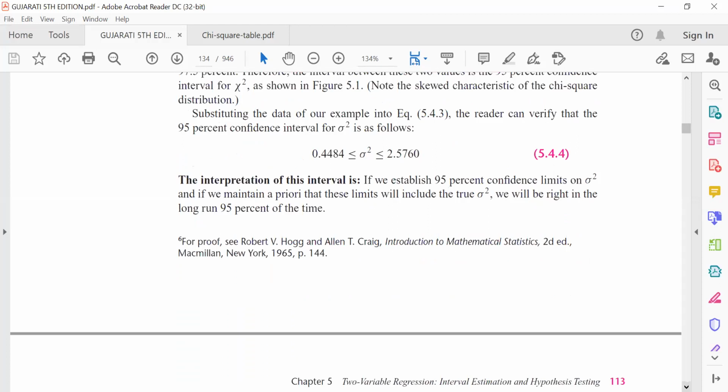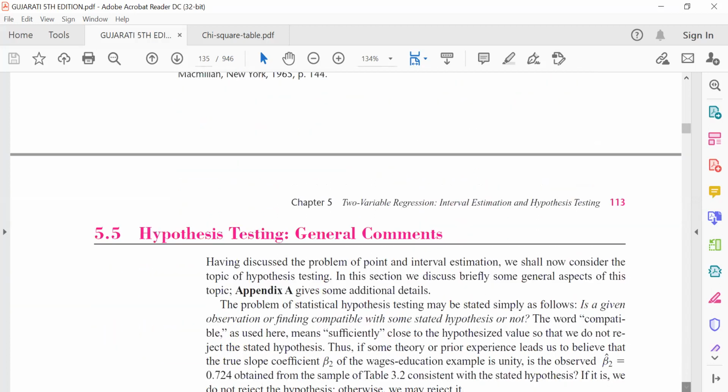Okay, what is the interpretation of the interval? If we establish 95% confidence limits on sigma square, and if we maintain a priori that these limits will include the true value of sigma square, we will be right in the long run 90% of the time. Hypothesis testing.